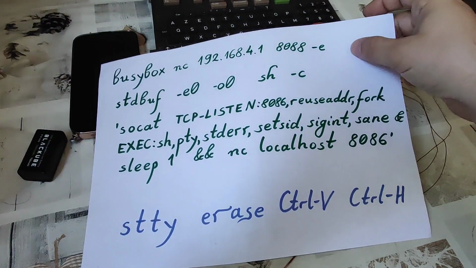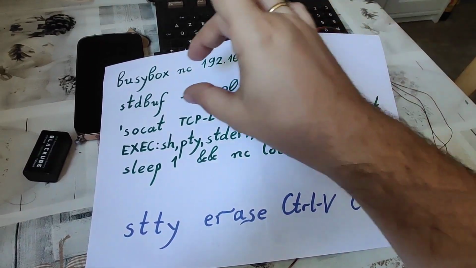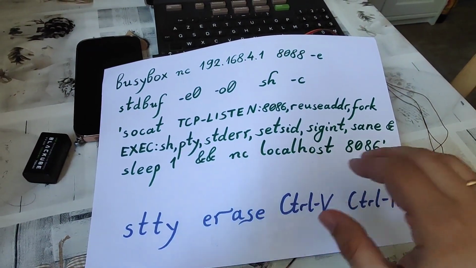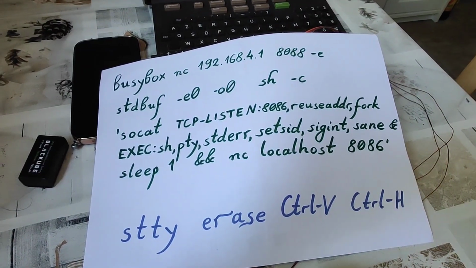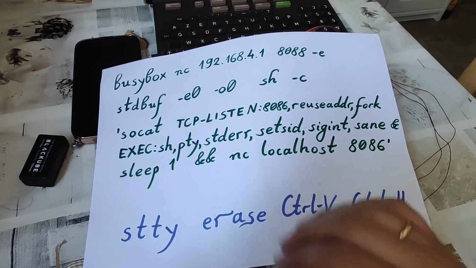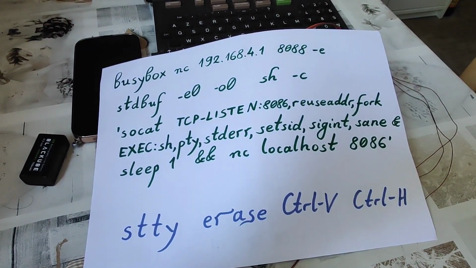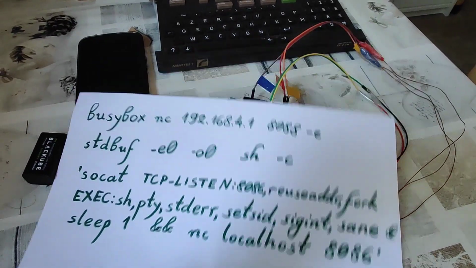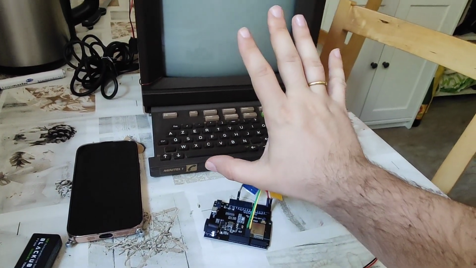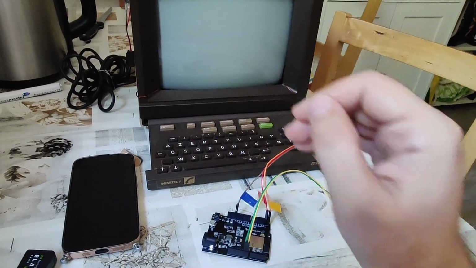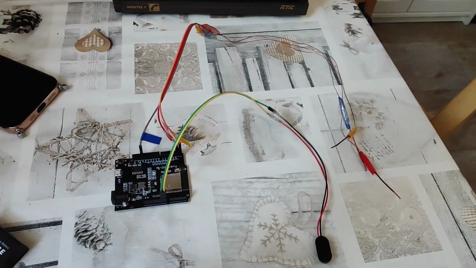Then we will be not needing any of the reverse shell mumbo jumbo. We will be just doing these two lines here. Essentially, socat will simply have a listener on port 8086. And yeah, that's where ultimately the Minicom will connect to.